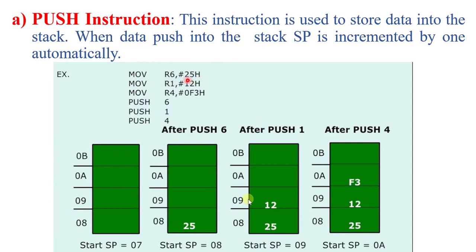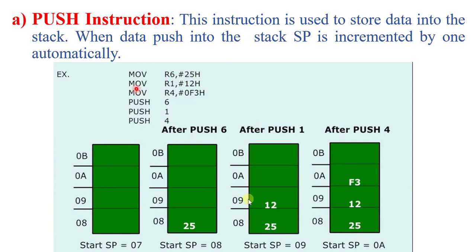Here #25H is the immediate data and R6 is one of the R0 to R7 registers of a particular register bank. This instruction tells that copy this immediate data into the R6 register. So the R6 register is loaded with 25H data.